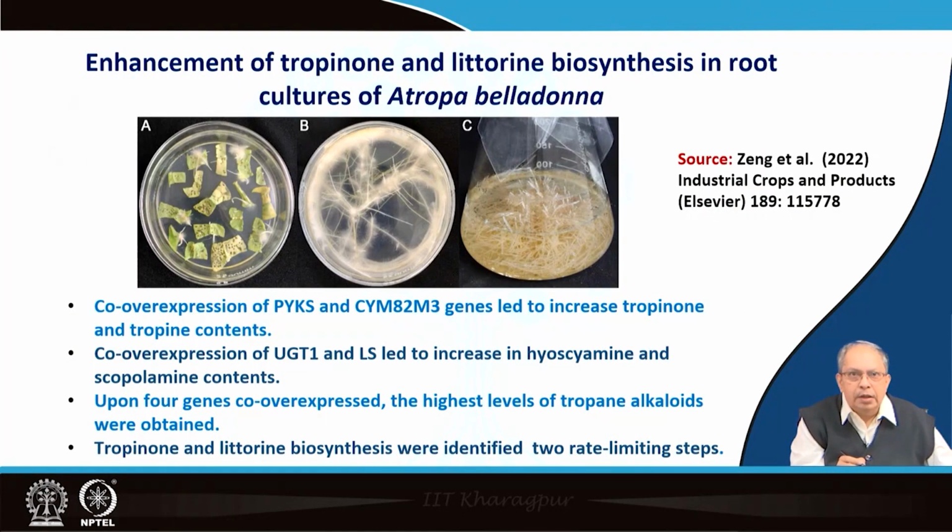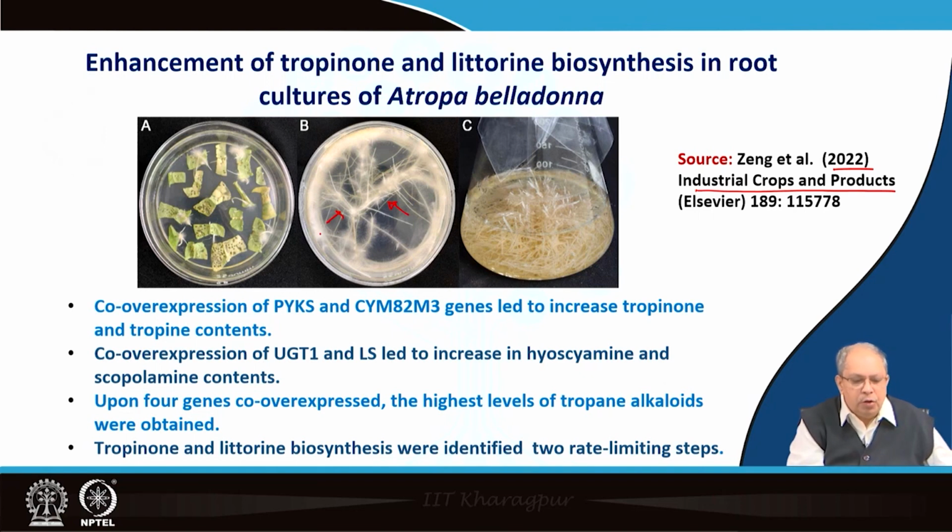The next interesting case study was published in Industrial Crops and Products in 2022, on enhancement of tropinone and littorine biosynthesis in root cultures of Atropa belladonna. In one of the previous classes I spoke about root cultures, co-transformed root cultures, that means these are hairy roots.